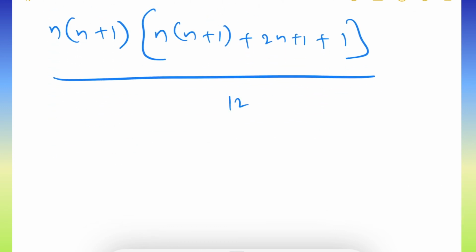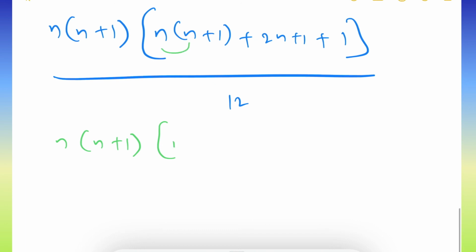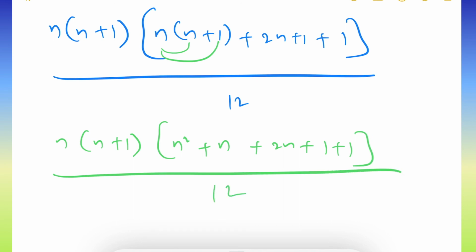Okay, now the numerator if we simplify, n into n plus 1 into n square plus n plus 2n plus 1 plus 1, whole divided by 12.